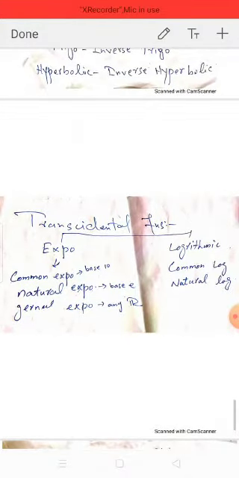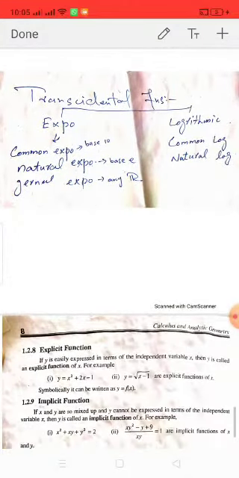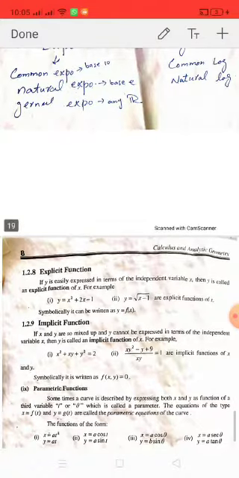Now lastly, we will define our expressed form. A function can lastly be defined in the form of expressed form. Here we have 2 types: explicit functions and implicit functions. Explicit functions are stated over here.